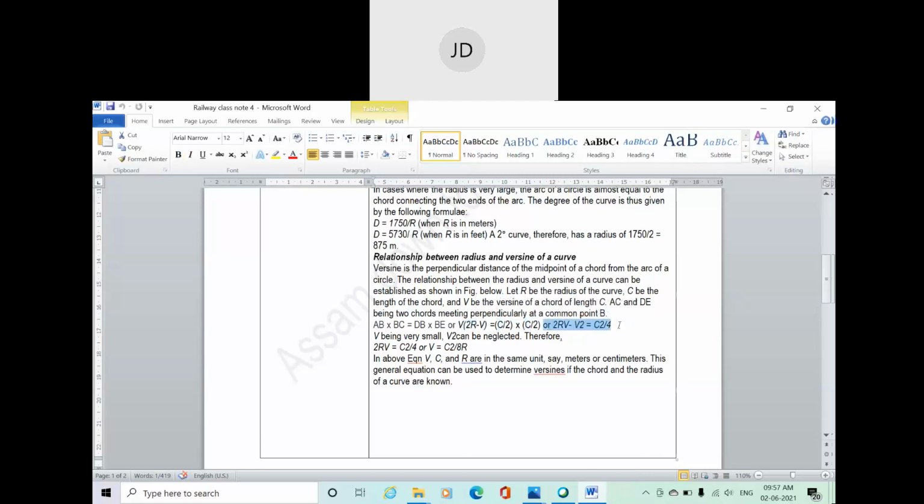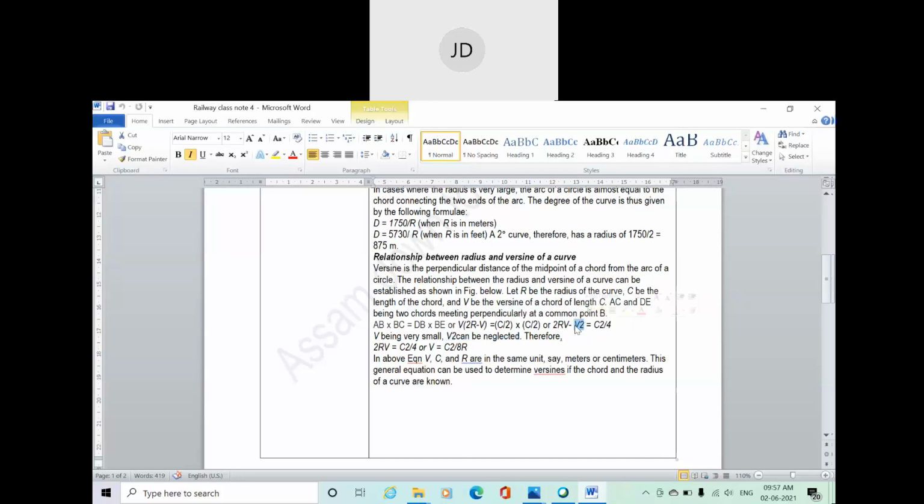Now in this equation, the value of V is very small with respect to twice R. The V square term is very small with respect to twice RV, so this V square value can be neglected. For simplifying the relation, since V is very small, V square can be neglected from this equation, only from this part.